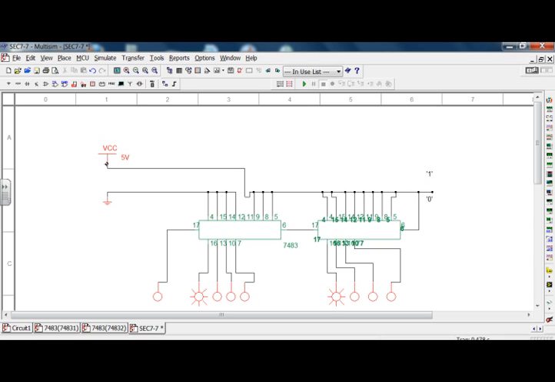And 12 is who? 4, 10, 14, 12. Okay, we'll let him be a 12 will be a 2.